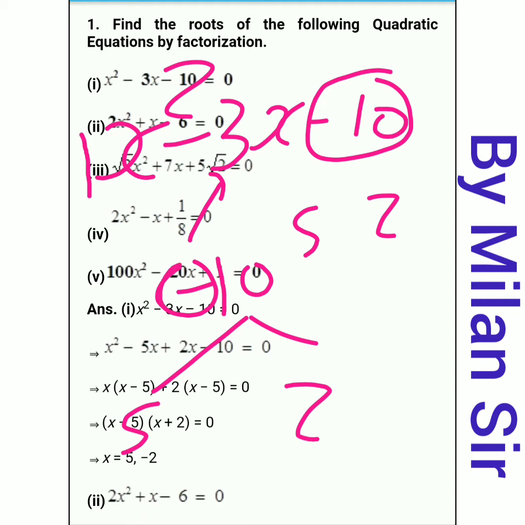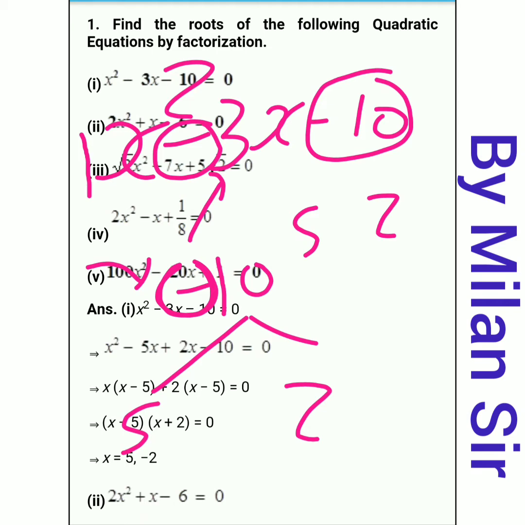Here a negative sign is there, that's why we use the subtraction process. Second thing, since the negative sign is there, we need to give different signs to our two factors. The middle term sign is minus, so this minus sign we give to our bigger factor.